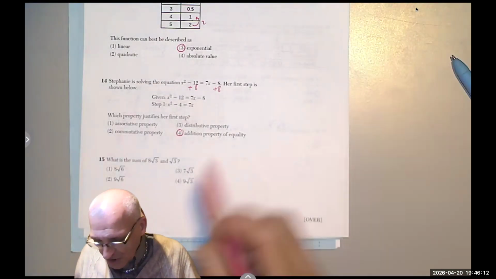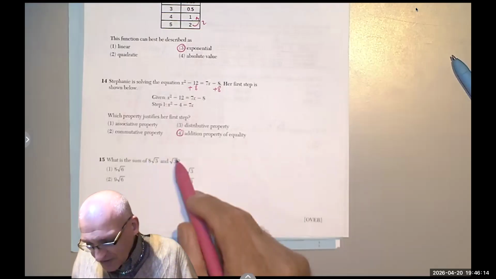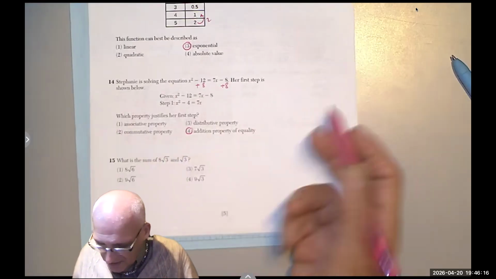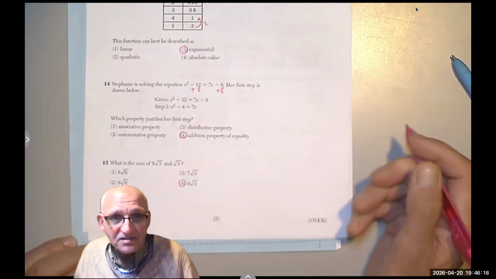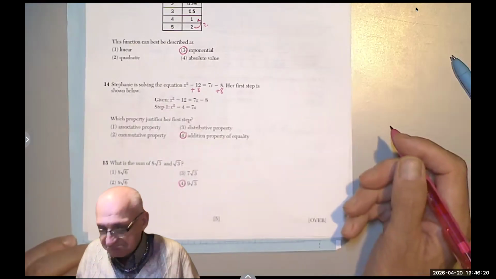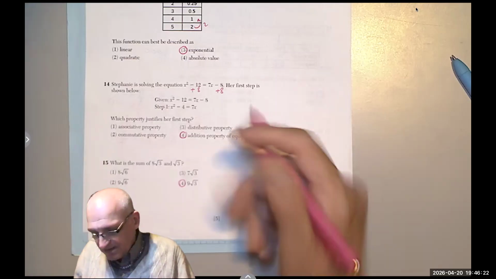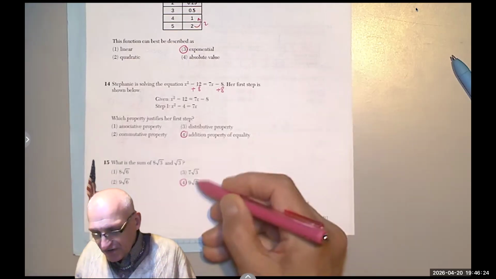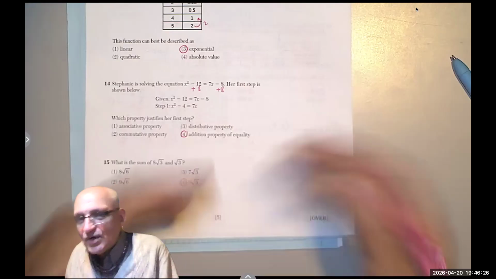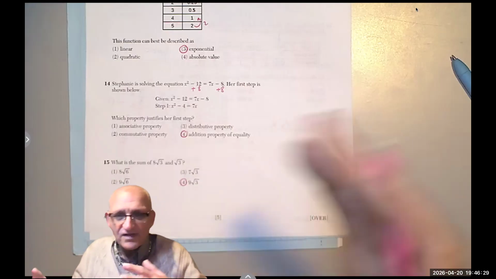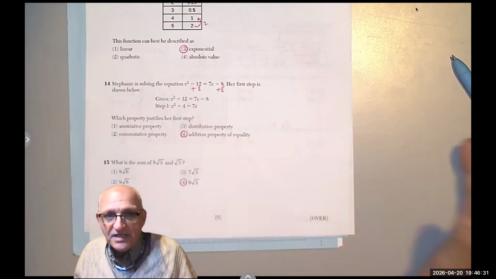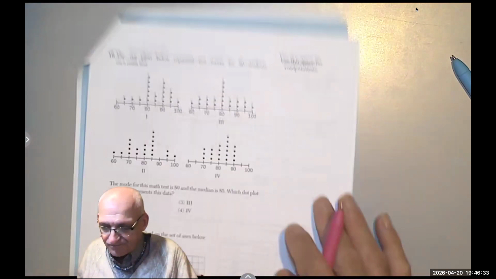Anything. So 8 root 3 plus root 3 would be 9 root 3, which is number 4. That shouldn't take you a second. Unless they have a trick and, you know, this number is not root 3, maybe it's a root 12 that you have to factor as 2 root 3 or something, but this one is plain straightforward.